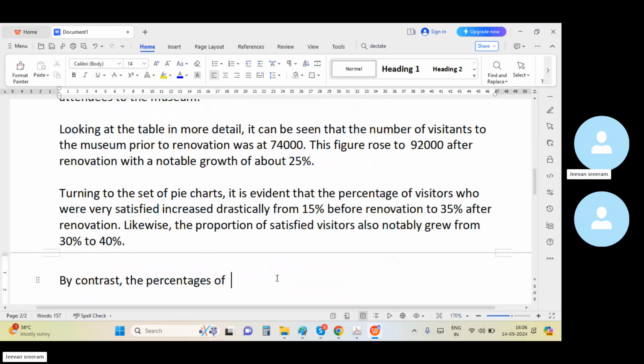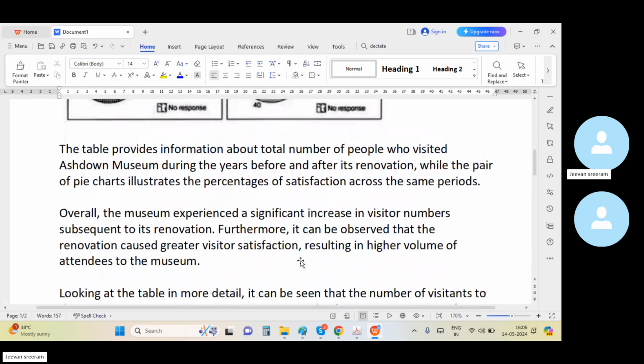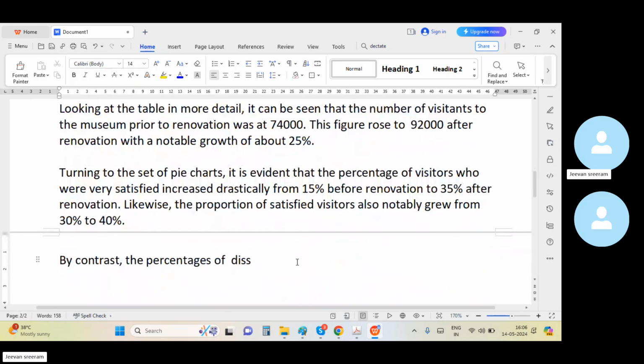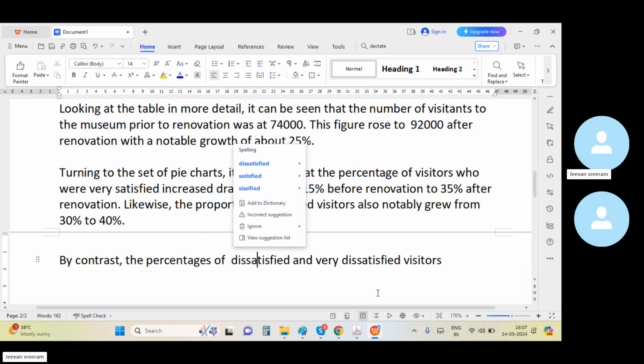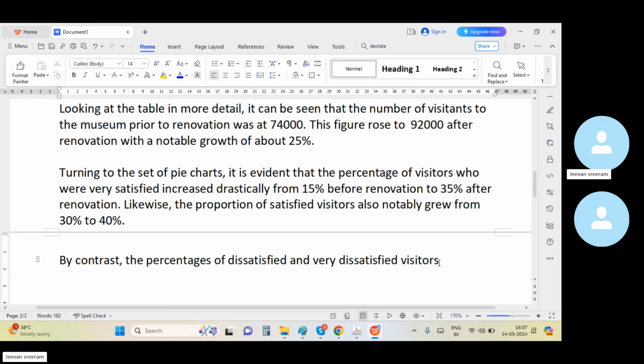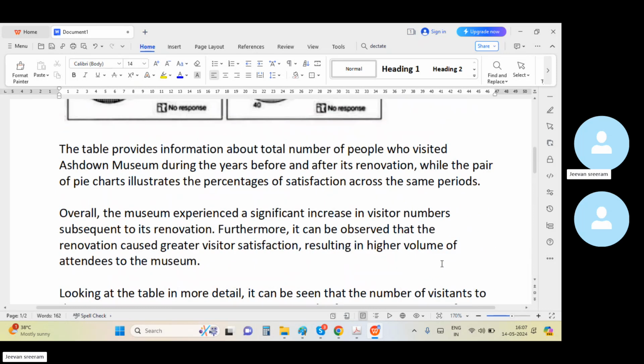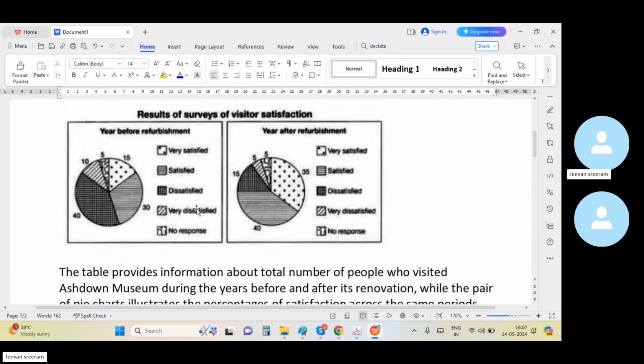The percentages of dissatisfied and very dissatisfied visitors, are they decreased or increased?